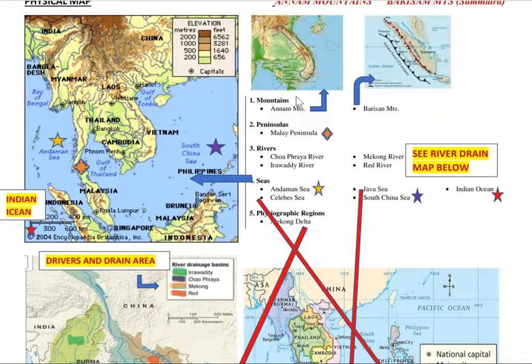All right. Now, as far as mountain ranges, here's your two mountain ranges. This first mountain range is located along the coast of Vietnam. Okay. And that is the An Mon Mountains. And then this particular mountain range is on the island of Sumatra.